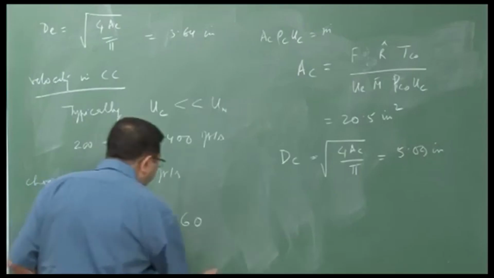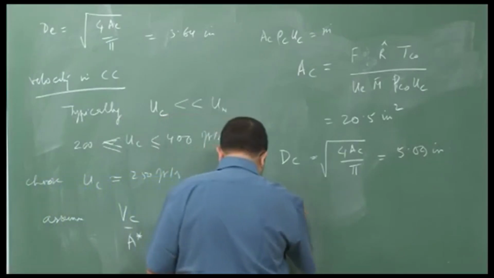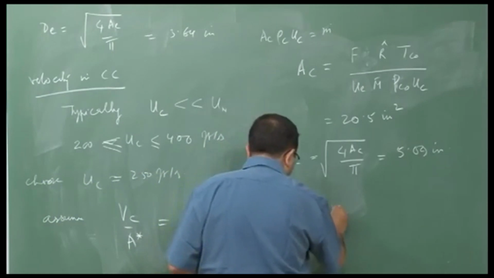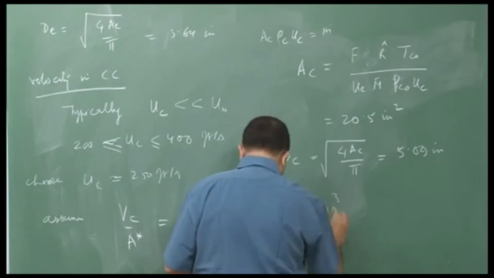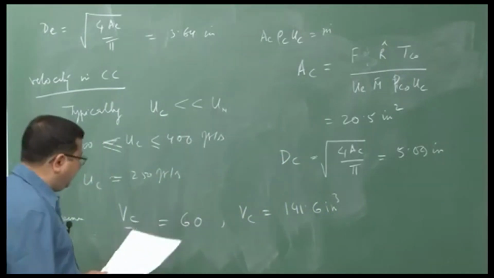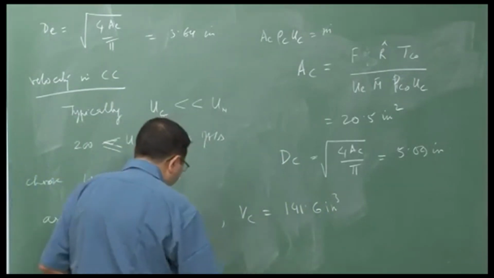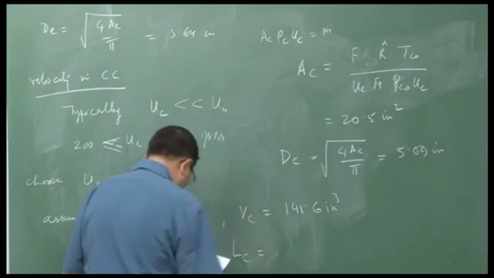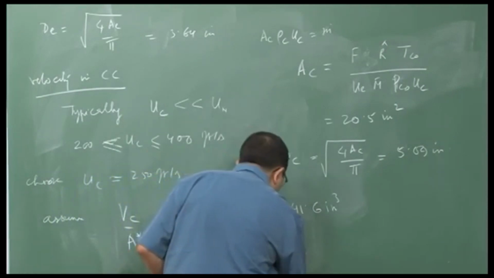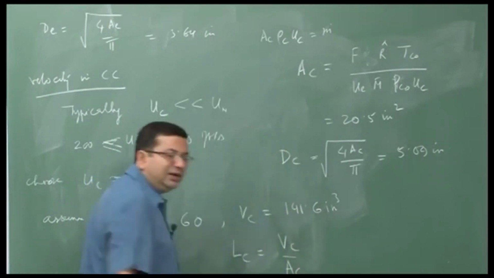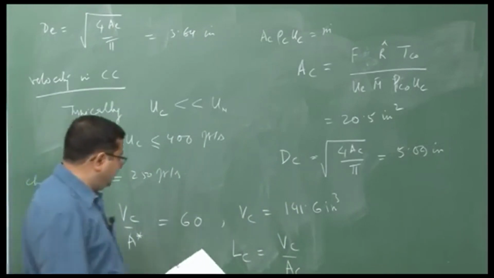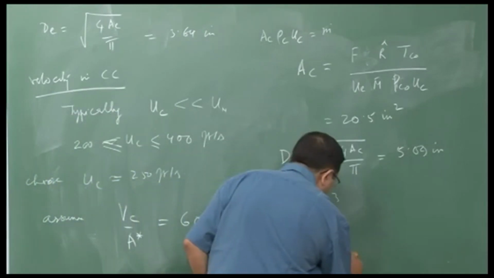So, this gives us the combustion chamber volume to be 141.6 inch cube, so roughly about 140 inch cube. Therefore, the length of the combustion chamber will be the volume of the combustion chamber divided by the area of the combustion chamber. This is about 6.8 inches.